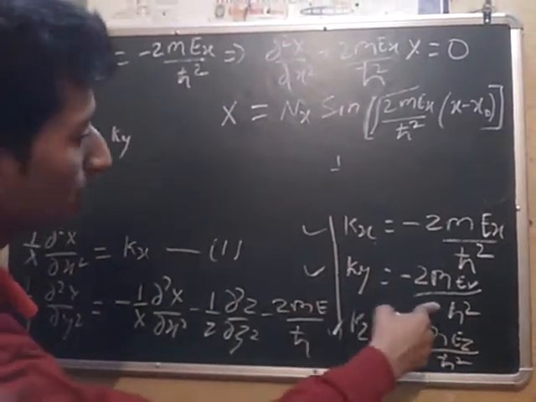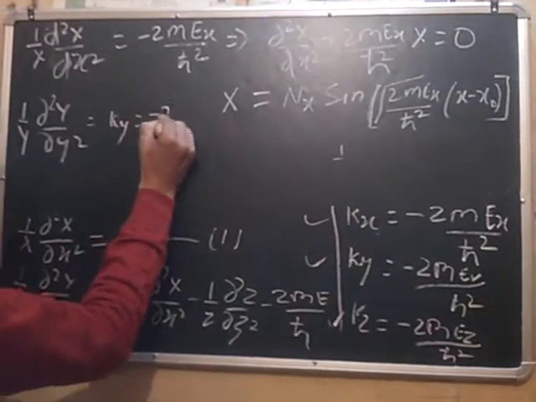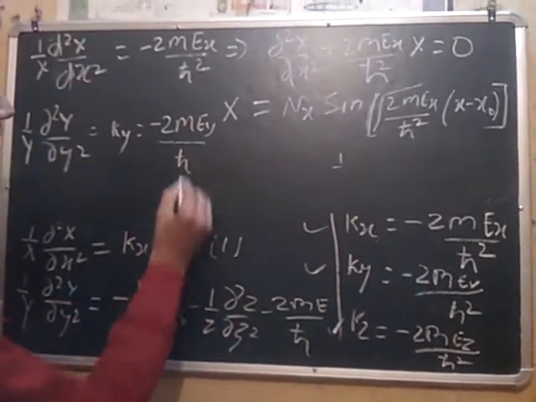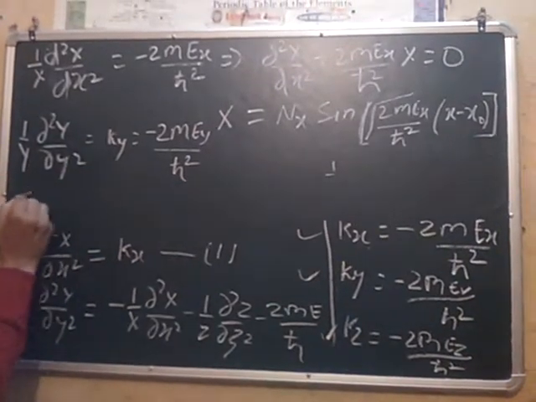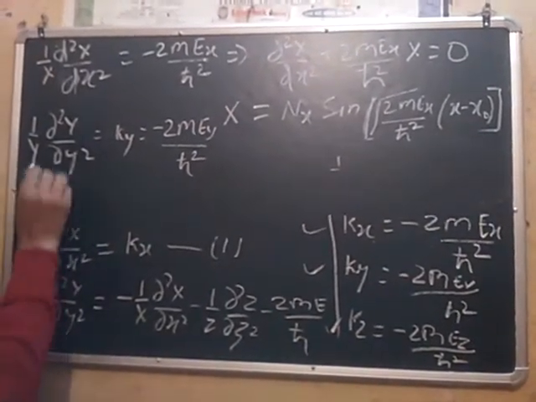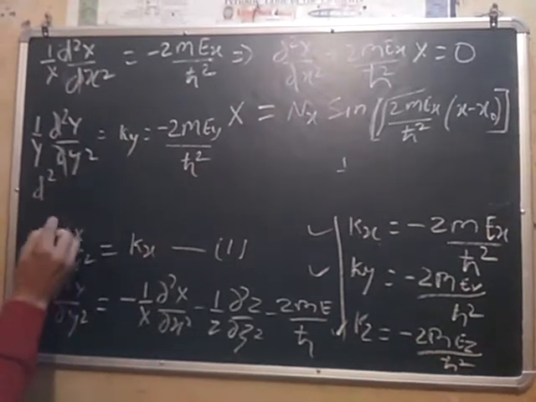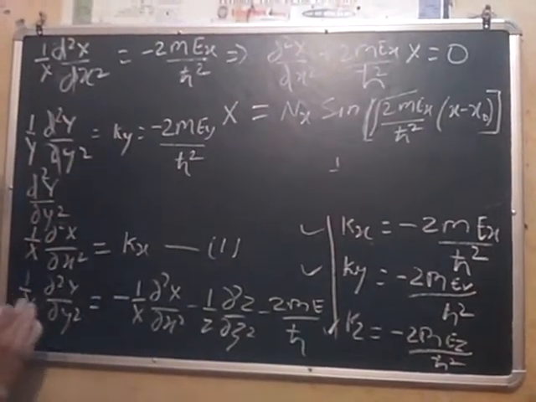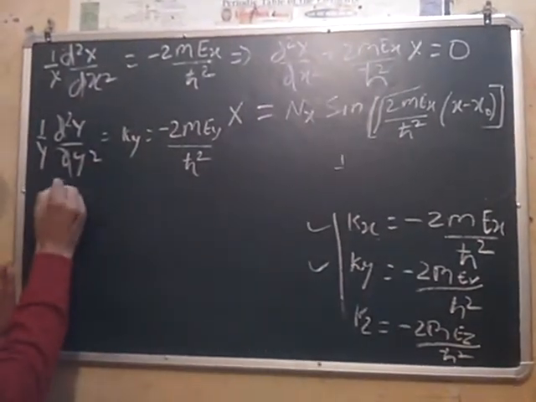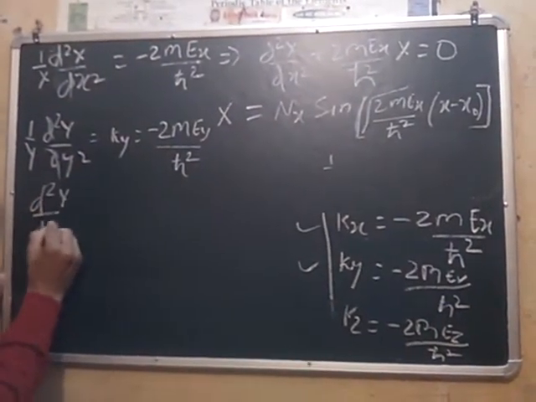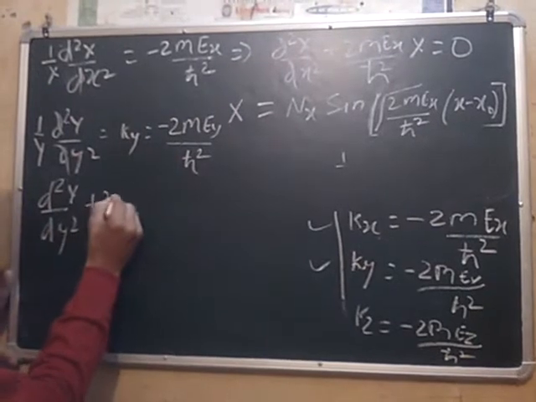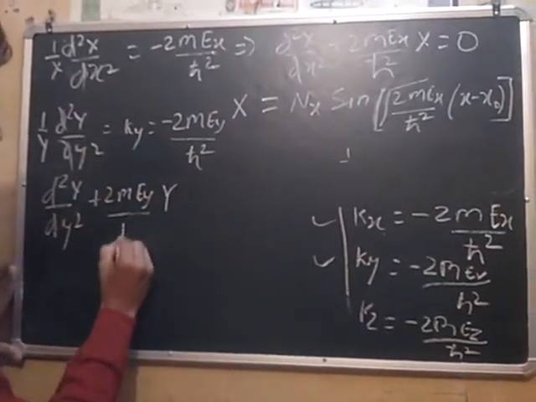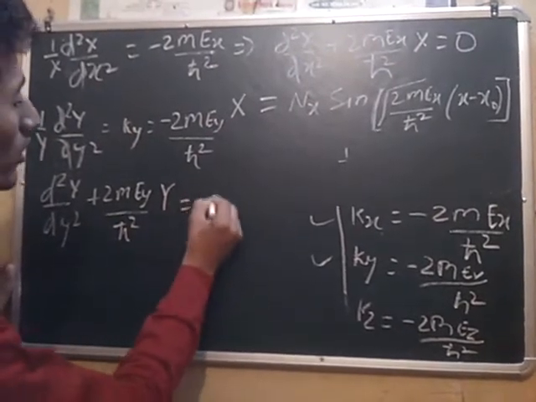In place of ky, use minus 2m Ey upon h bar square, and use exact differential once again: d2y upon dy square plus 2m Ey y upon h bar square is equal to 0.